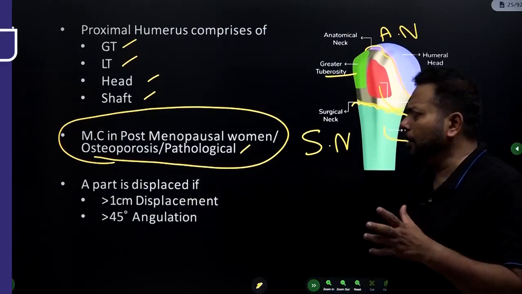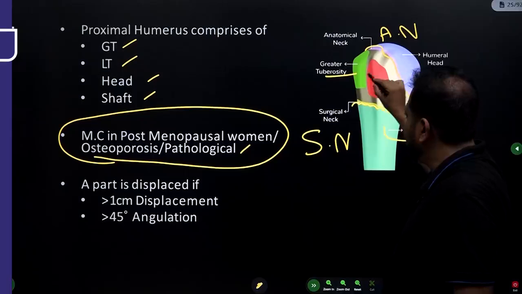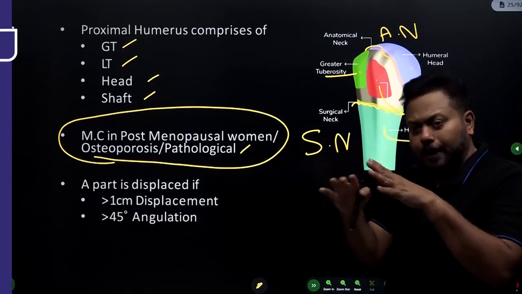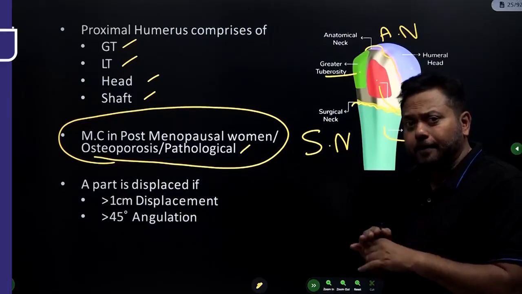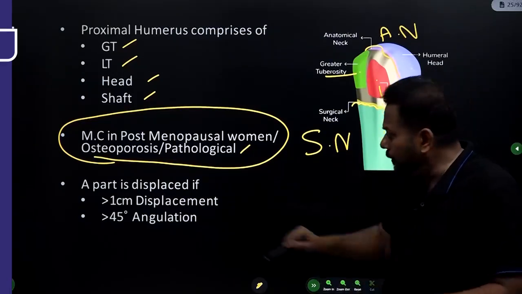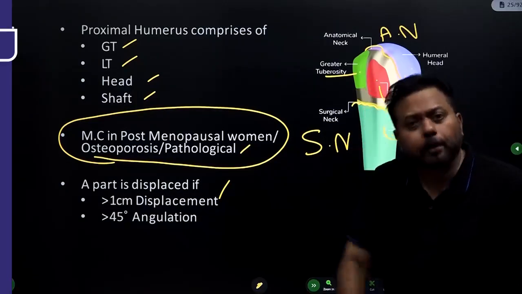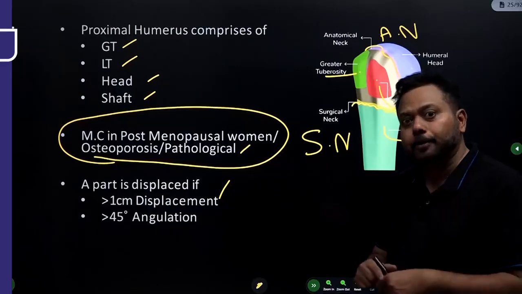When will you call a part displaced? I told you: head, greater tuberosity, lesser tuberosity, shaft. The fracture is happening between these parts. When will you say the part is displaced? When the displacement is more than 1 centimeter. This is a criterion, dear friends. You should remember it, because they are framing many questions with this.